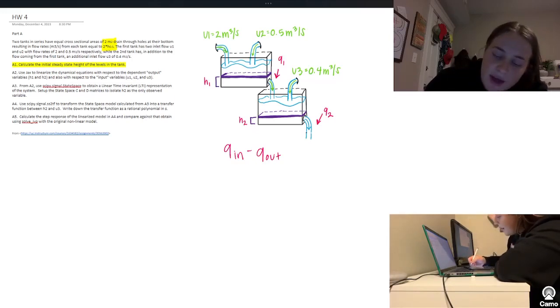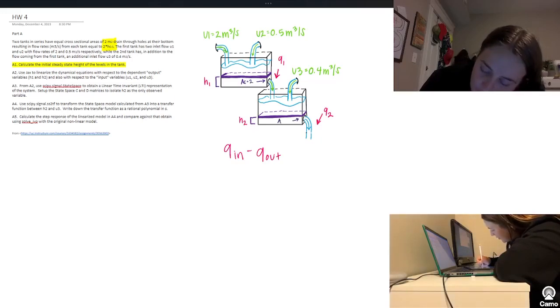We also have the cross-sectional area of these holes, so I'm going to put that right here. That's just AC equals 2, and right here we have AC equals 2.